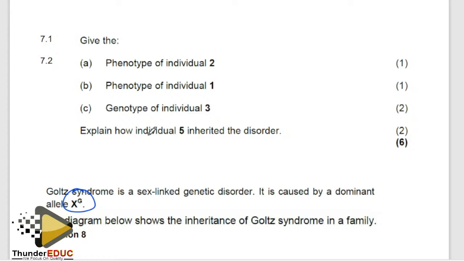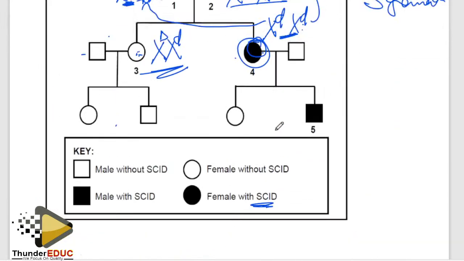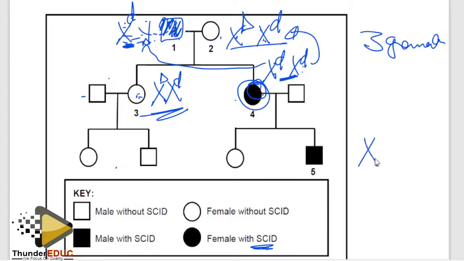They say explain how individual 5 inherited the disorder. Individual 5 is small d, small d. Therefore, we're going to say that individual 5 got one recessive allele from the mother and one recessive allele from the father. No. Individual 5 is a male, ne? It can't be from the father. The father is normal.